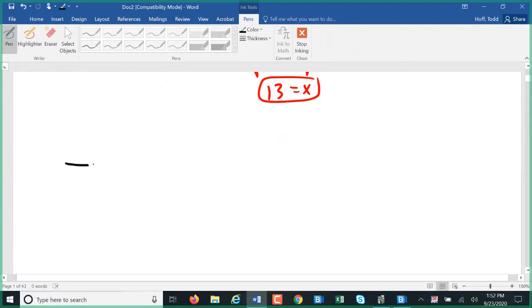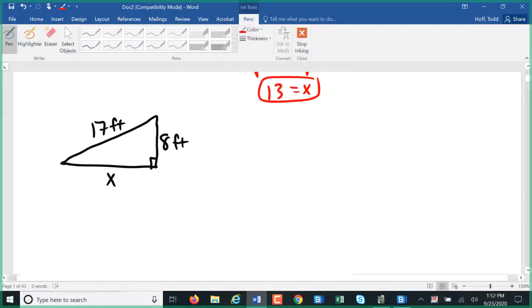Sometimes we know the hypotenuse, and what we're looking for is one of the legs. Situation like this.